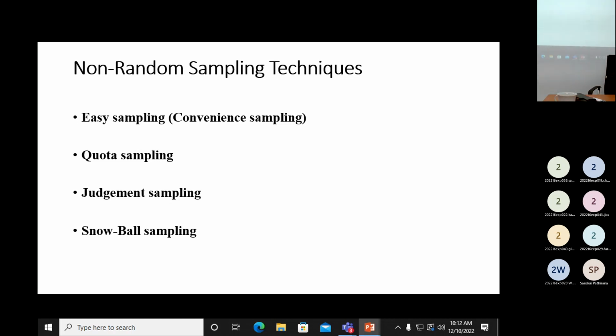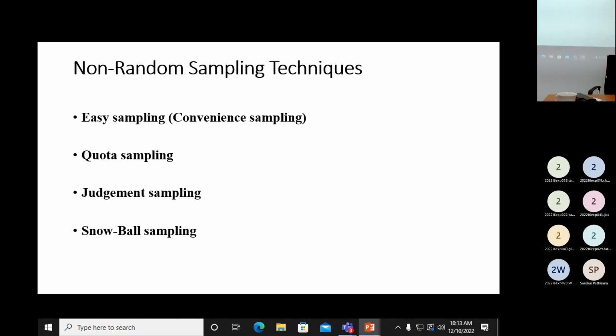What is the area you want to do? Then you say, right, you have to visit there. What is the size of the sample? Right, you want to select 100 samples. What are the stratifications? Then you say, right, manufacturing, and maybe trading, then agriculture.